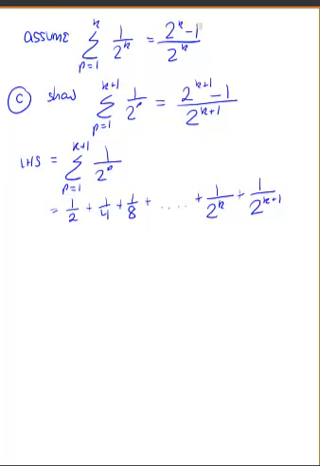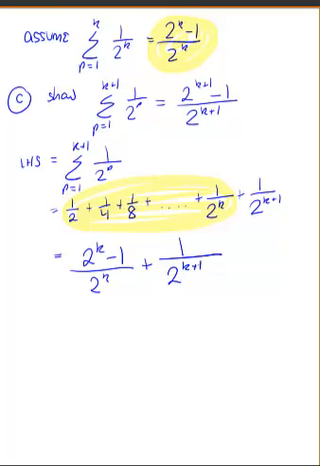Now, all of this is this here. Okay, it's the sum for just k. So I can substitute that. And I end up having 2 to the k minus 1 all over 2 to the k plus 1 over 2 to the k plus 1.